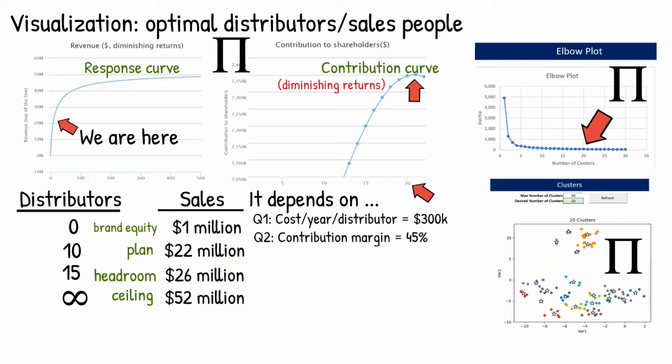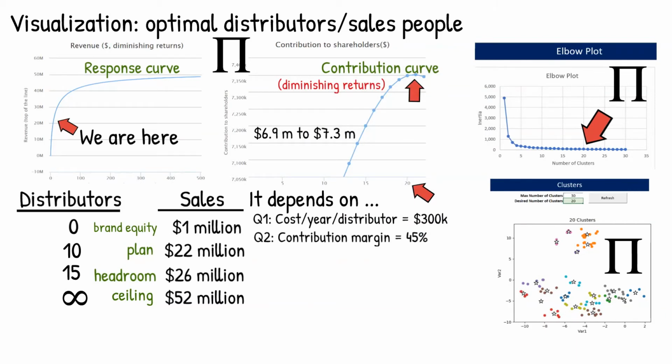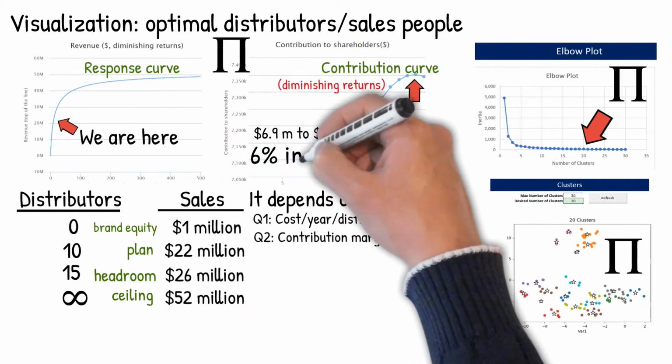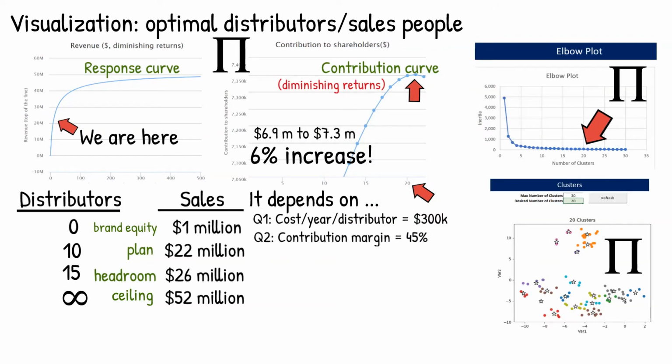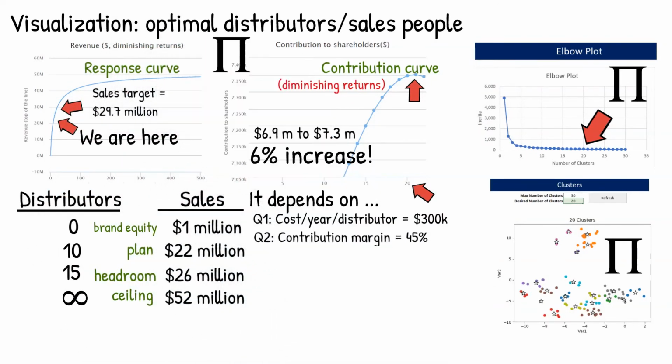With those 20 people assigned to different customers, we'll notice that our actual profitability, our shareholder value increases from $6.9 million to $7.3 million. That's a 6% increase. To get that increase, we need to have a sales target of about $29.7 million.